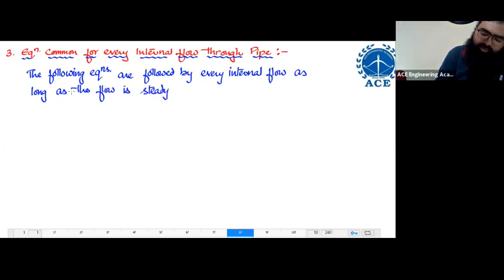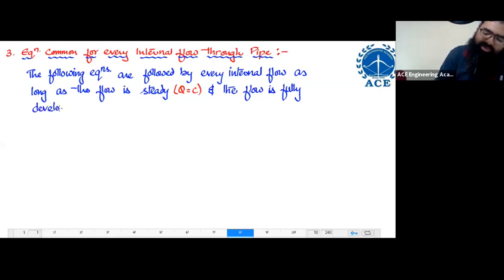Steady means what over here? The discharge in the pipe should be constant, and the flow is fully developed.